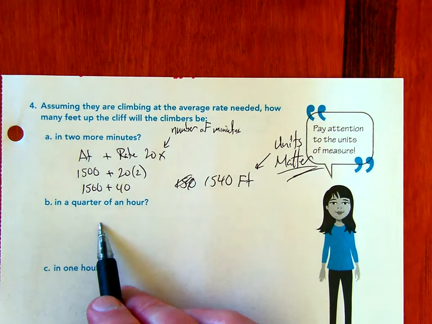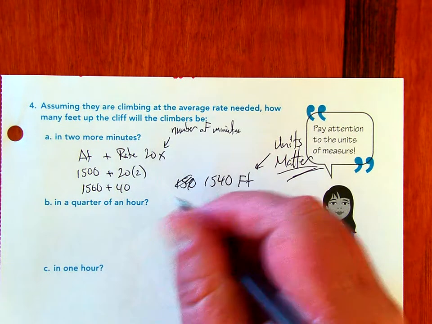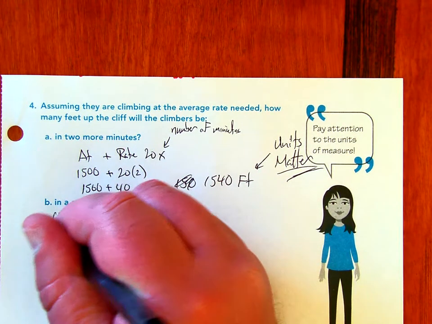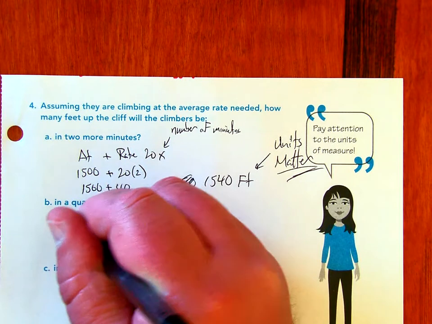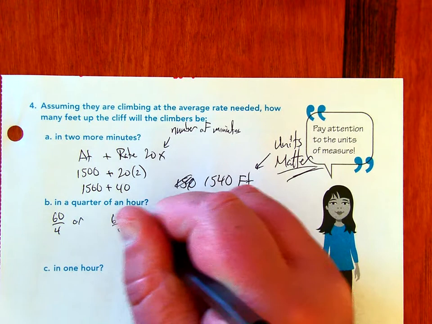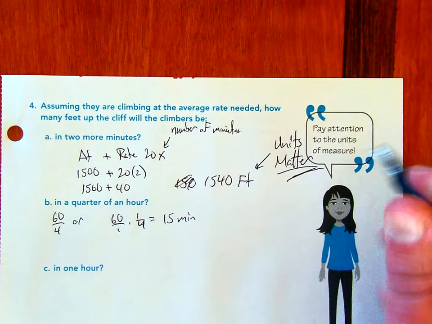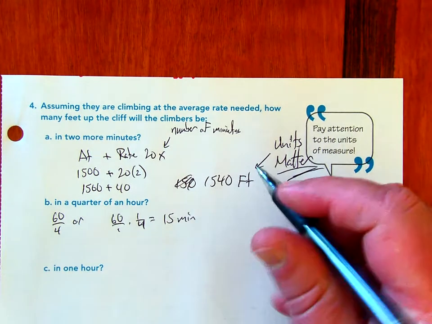How far up would they be in a quarter of an hour? Well, how many minutes are in a quarter of an hour? 60 divided by 4, or 60 times a fourth. A quarter of an hour is 15 minutes. So how far up the face will they be in 15 minutes?